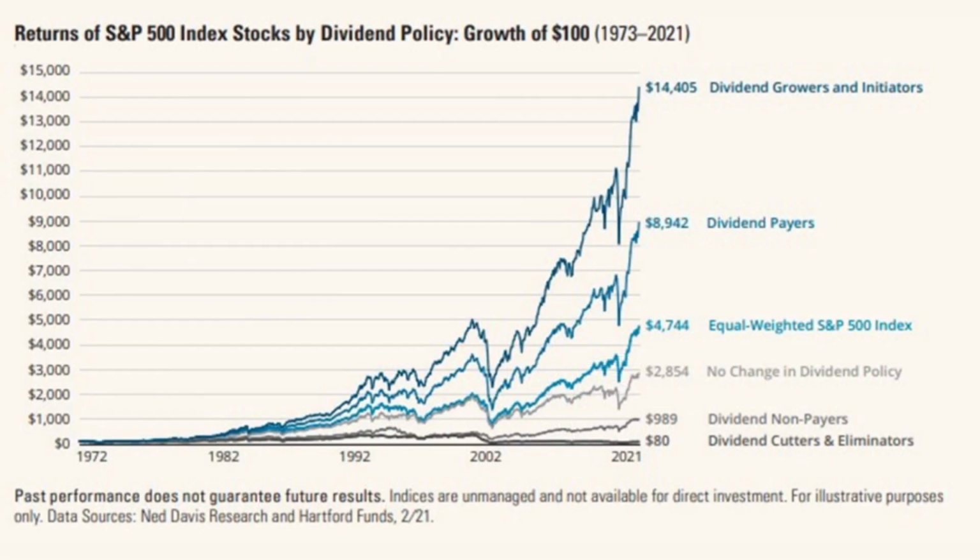According to a study done between 1973 and 2021, stocks that constantly increase their dividends outperform the S&P 500 index for capital growth. For every $100 invested, dividend growers and initiator stocks gain $14,400, while non-dividend payers only gain $989.